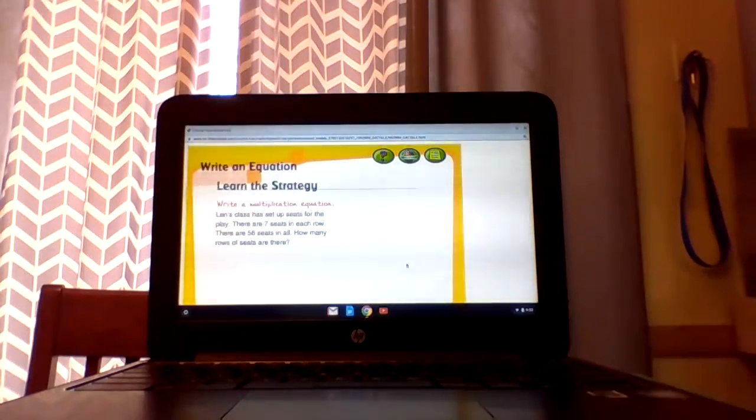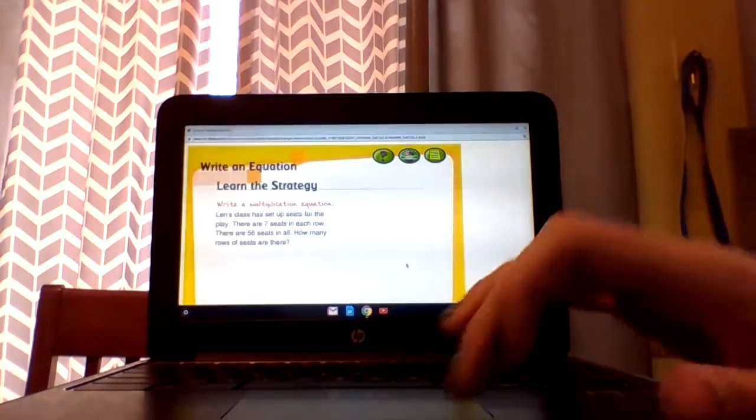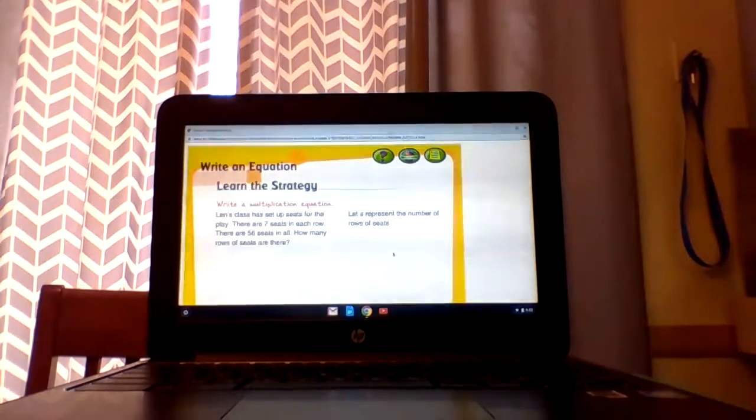Ooh, multiplication. Len's class has set up seats for the play. There are 7 seats in each row. There are 56 seats in all. How many rows of seats are there? Well, we have to come up with our variable. We'll use S for seats.